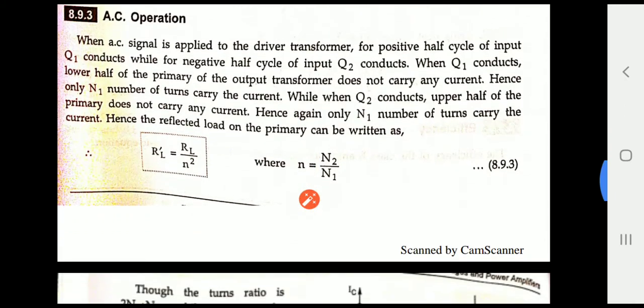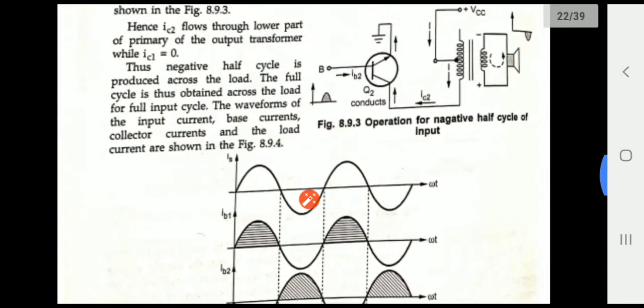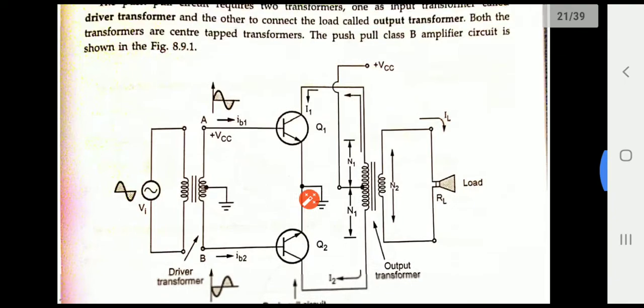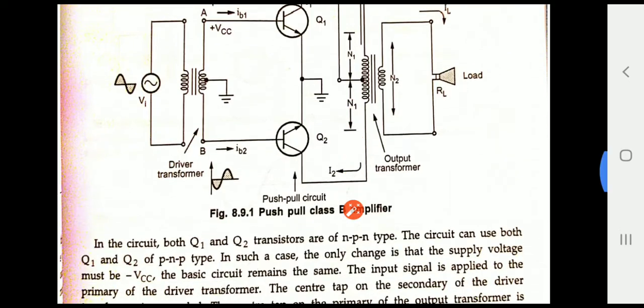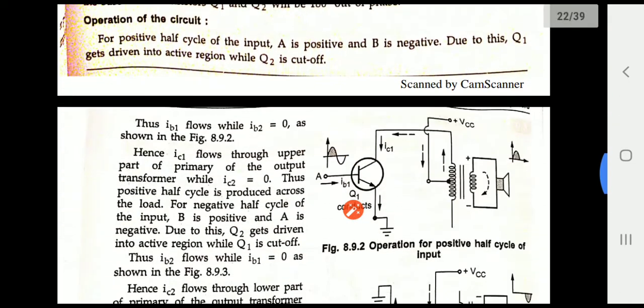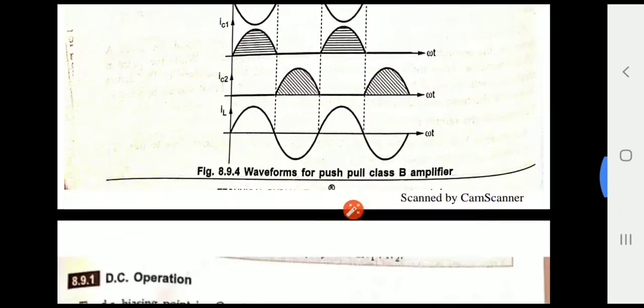Now we'll move on to the AC operation. Again, as I discussed, Q1 conducts during the positive cycle and Q2 conducts during the negative cycle because of the center tap transformer. Each time, only the upper half or the lower half of the primary winding is utilized, to conduct the transistors and to flow the output current.